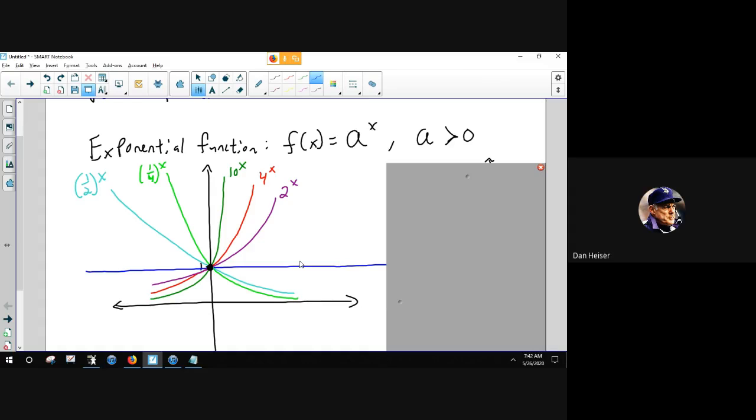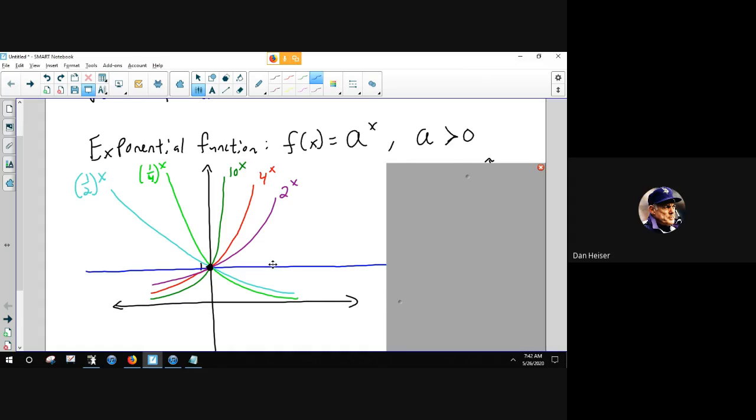The only exception being 0 to the 0. That is not 1. That's an indeterminate form. Anything other than 0 to the 0 power is 1. So all of these functions have the point (0, 1) in common.